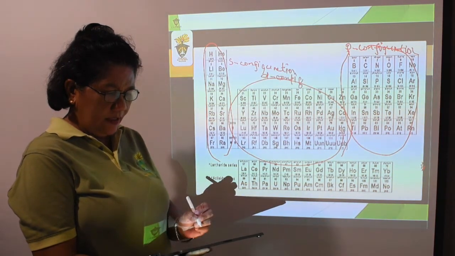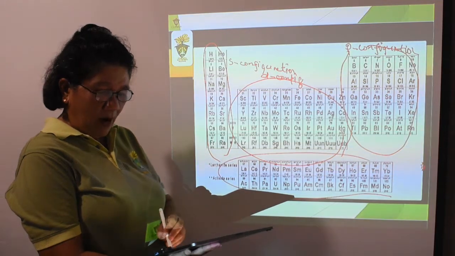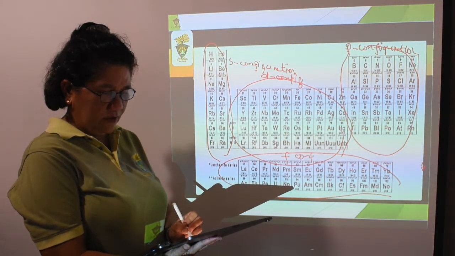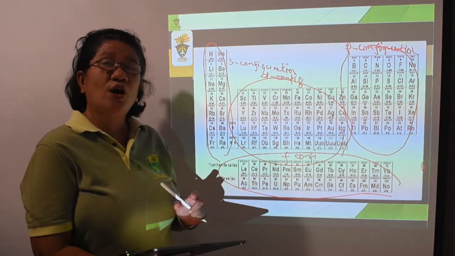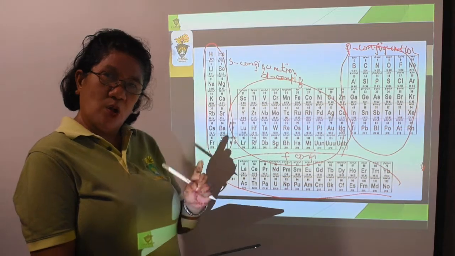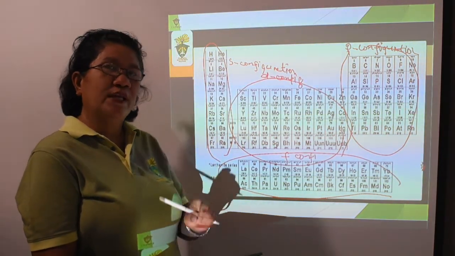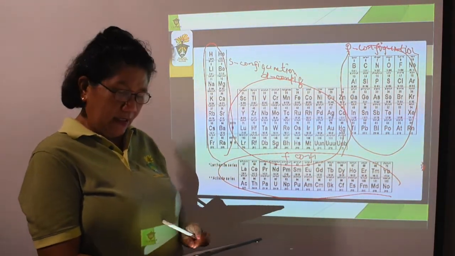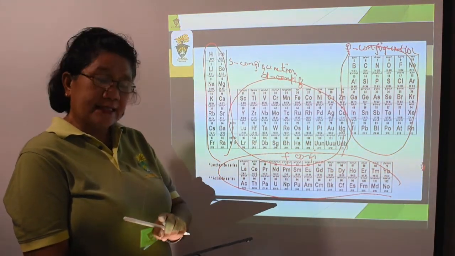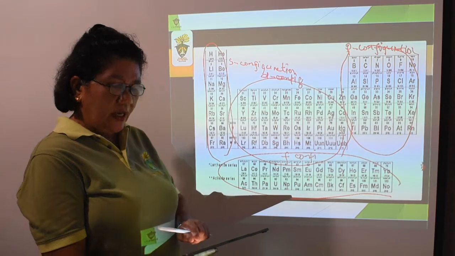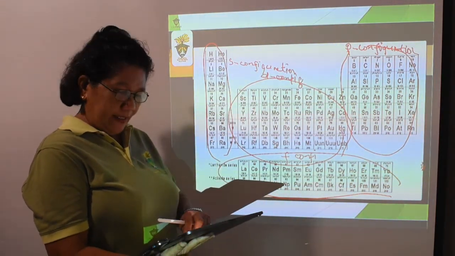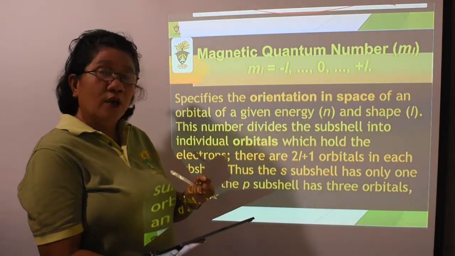And on the bottom part, that is the F configuration. So it's quite easy to know what subshell an element belongs to. Always remember group 1 and 2, that is an S subshell. This side here, starting with boron, has a P configuration, the center is the D configuration, and the bottom part is the F configuration.